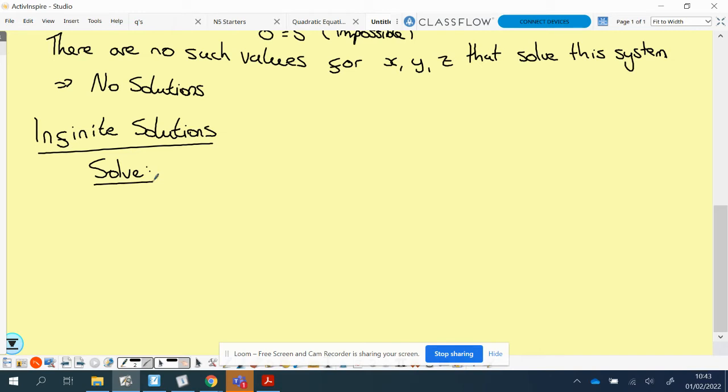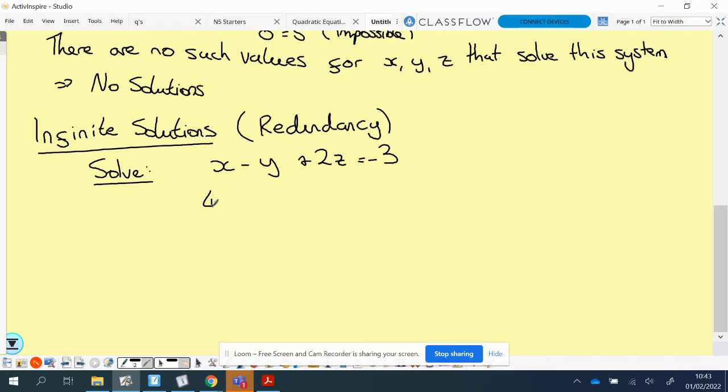Just to let you know, sorry, I should also say infinite solutions, the code word for it sometimes in exam questions is redundancy. And you'll see why in a second. Redundancy or redundant, so that's what you might see in a question, and that's what you're thinking about with infinite solutions.